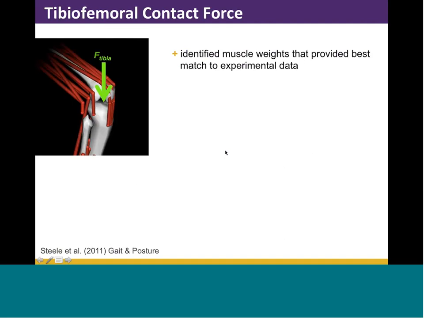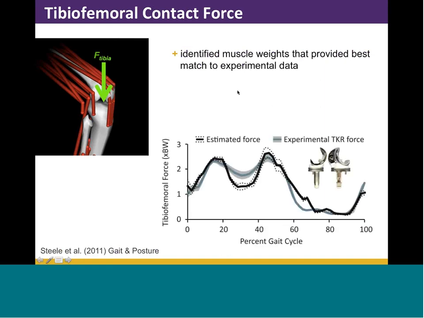An example of how we've used this in the past is back in 2011, we were looking at how we could estimate tibiofemoral contact force to examine how contact force changes for individuals with cerebral palsy who walk in a crouch gait. In this study, we identified a set of muscle weights that provided the best match to experimental data. We had data from an instrumented total knee replacement, and we also had our estimated force from our OpenSim model.